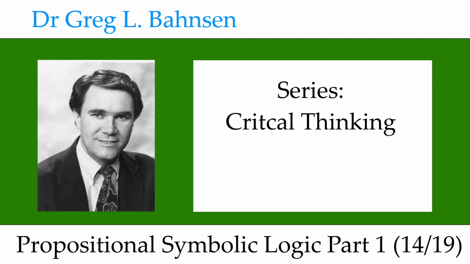Okay, let's do this another way. If P is true, then we know that the whole thing is true, just from the last part of the statement where it says or P. So if P is true, then we know the whole thing's true. So all we have to look at is the possibility that P is false.